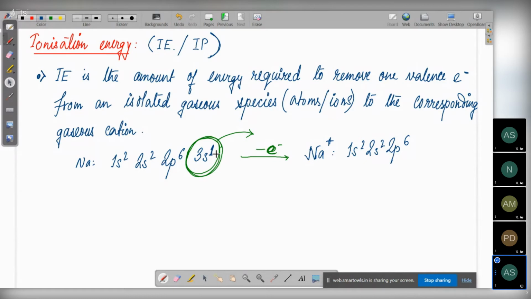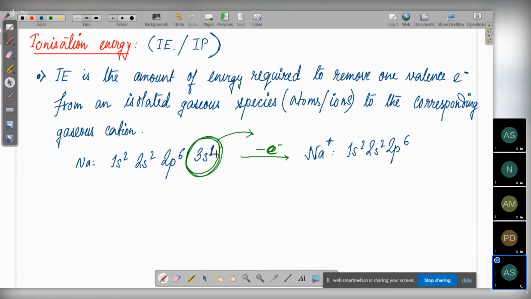The formation of Na plus from Na is known as ionization. We are converting sodium to Na plus by losing the valence electron, so this process is called the ionization process.